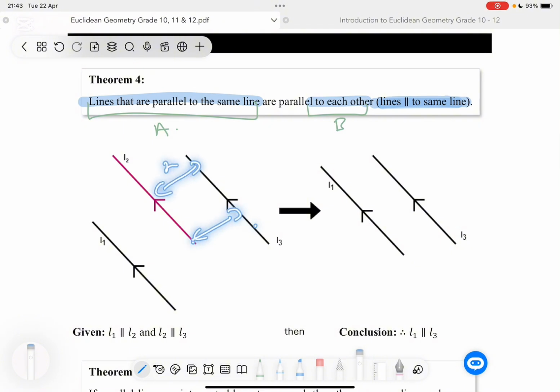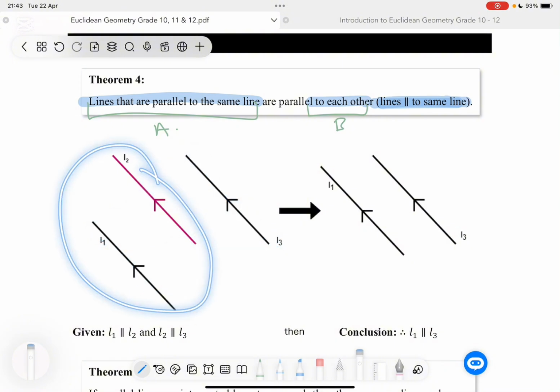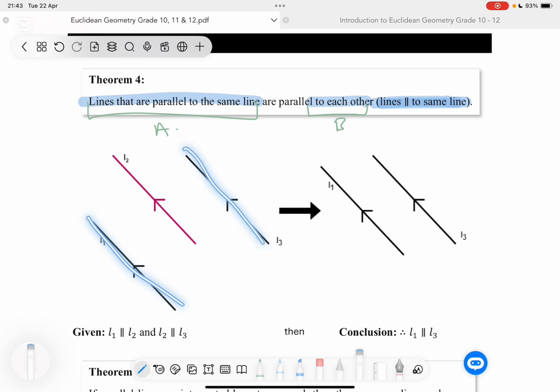Maybe it's distance R, but it is maintained between them. By default, the distance between these two lines, L1 and L3, must also be the same. Let's say maybe here we have distance P. It must also be the same, because if these two don't cut and these two don't cut each other, it means also these two can never cut each other.